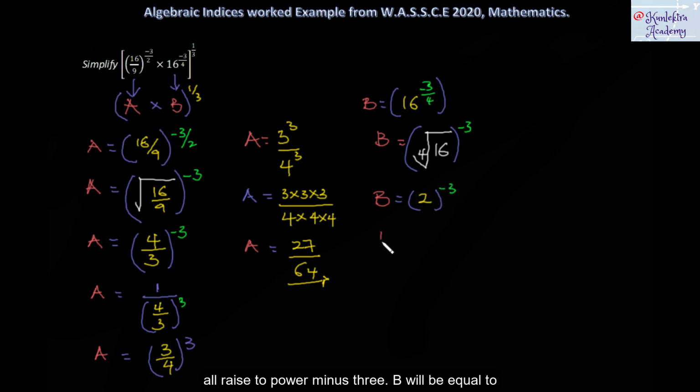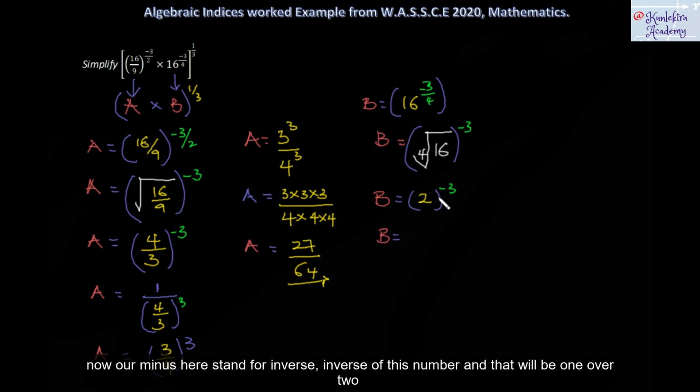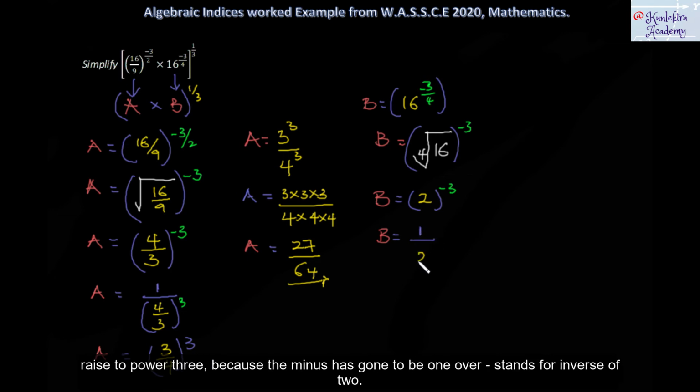b will be equal to, now our minus here stands for inverse of this number, and that will be 1 over 2 raised to power 3, because the minus has gone to be 1 over, which stands for inverse of 2.